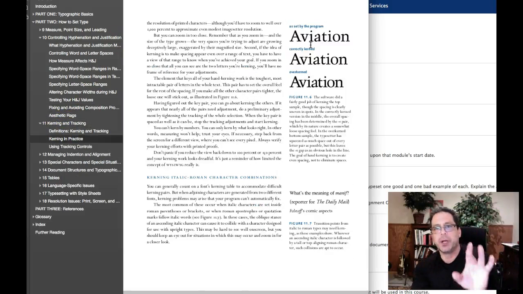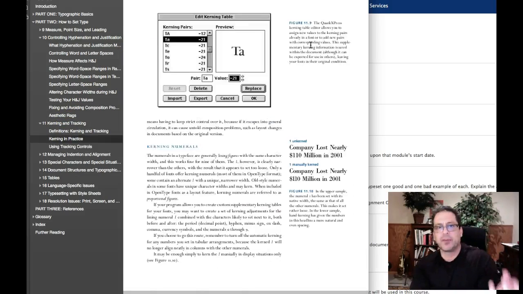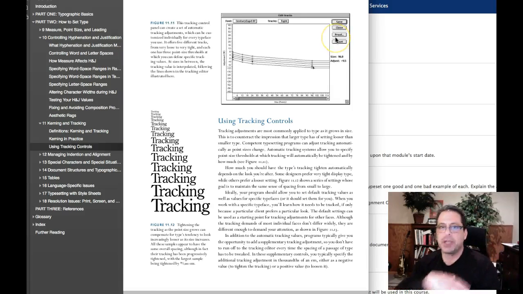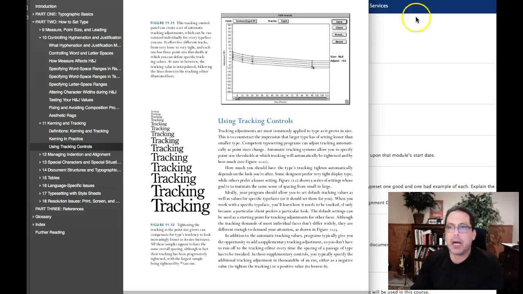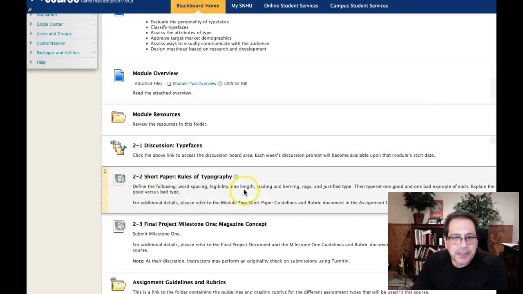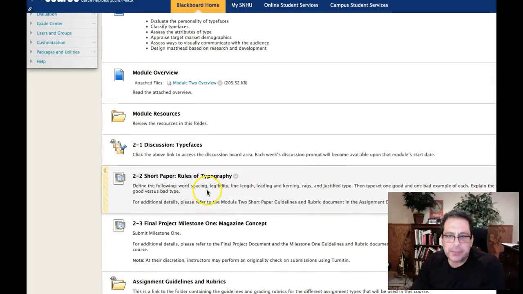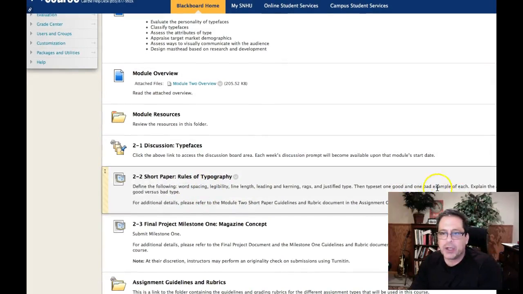It's going to show you a lot of good practices, but I want you to be intuitive and also consider bad practices. Let's go back to the assignment: define the following typeset, one good example and one bad example of line length, legibility, word spacing, leading and kerning.